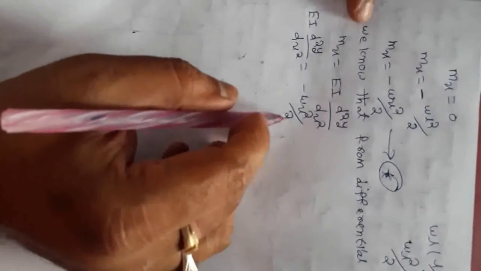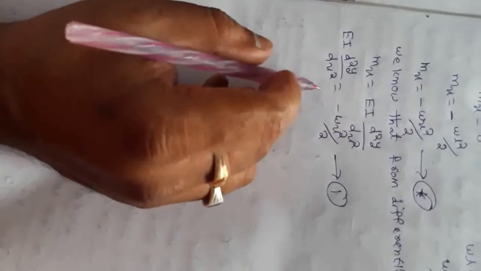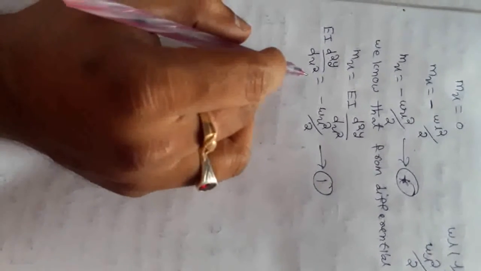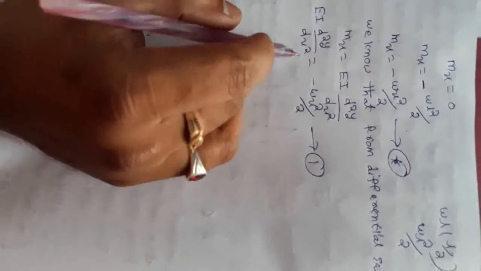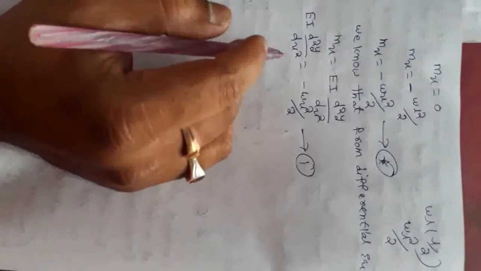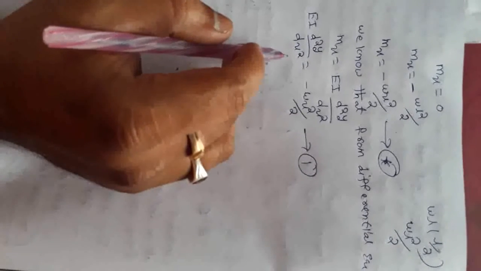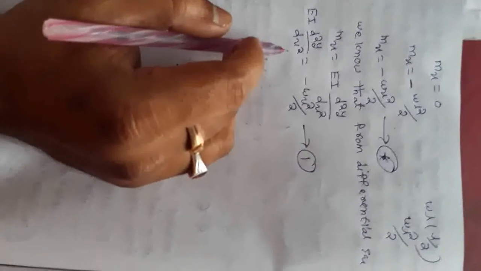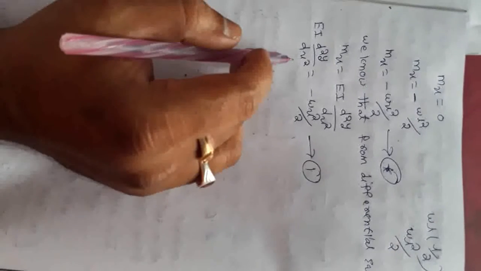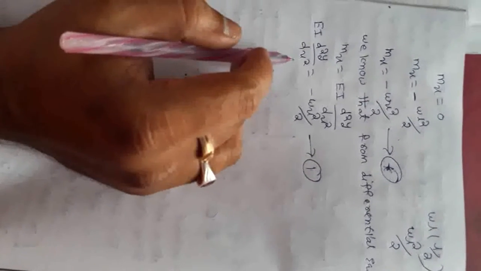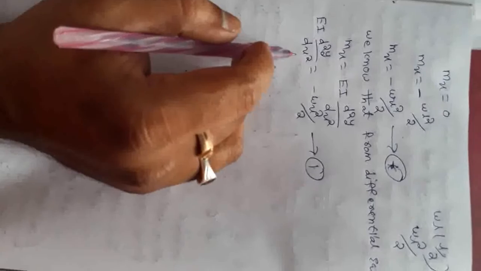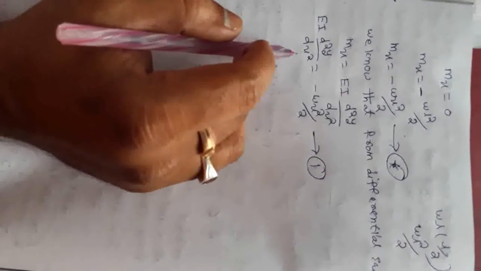This is equation number 1, a unique equation. You can integrate this equation multiple times. The first time you get the slope equation, and integrating again you get the deflection equation. You can find the slope and deflection at any point of the section using these equations, and we are going to find these equations.